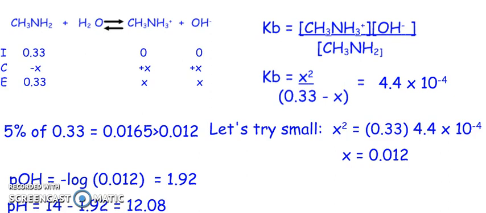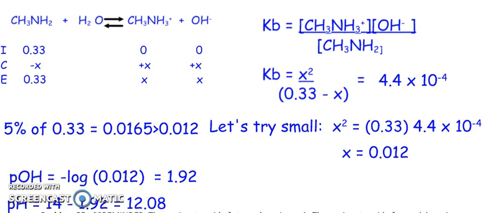So I tried it, and see what happens when I crossed out this minus x right here to make my math a whole lot easier. And I got x is 0.012. And because this molarity is fairly high, the 5% rule actually still worked, even with the negative fourth. I would always check your 5% rule if you have something to the negative fourth. And so there is my pH.